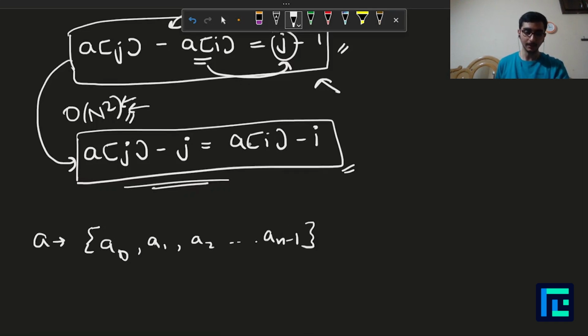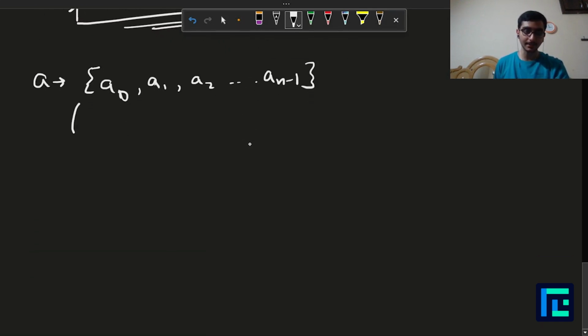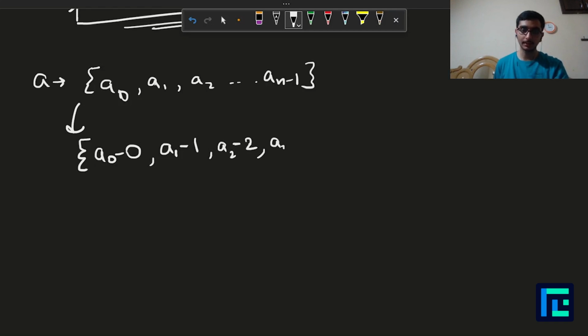This is my array A. Now I rewrite this array also into the form A0 minus 0, A1 minus 1, A2 minus 2, A3 minus 3, so on till A of n minus 1 minus n minus 1. Right. I have changed this array in this form.